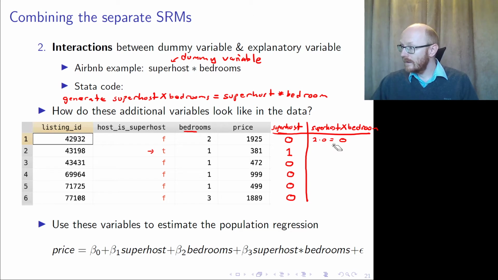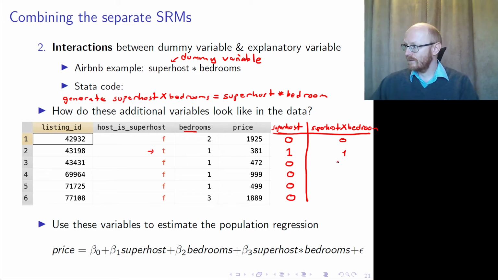So let's just clean up, and the next one, it's a 1-bedroom apartment, and it's a superhost, so it's 1 times 1 equals 1, right? So now you see the pattern.